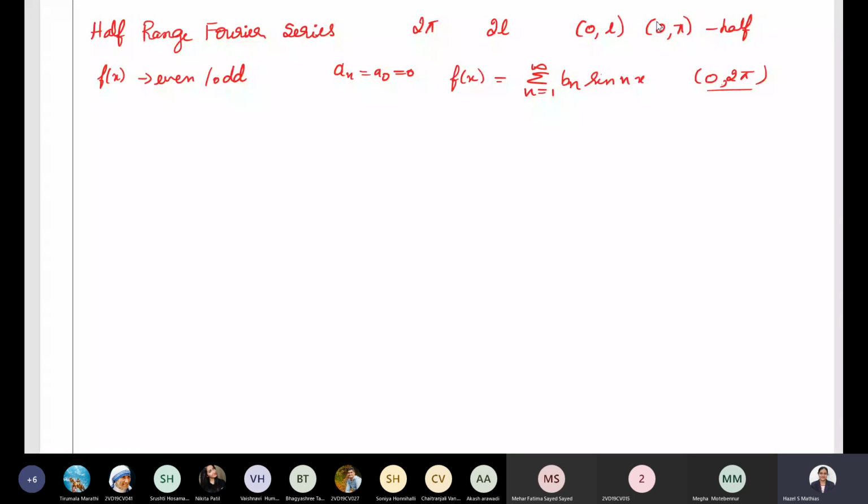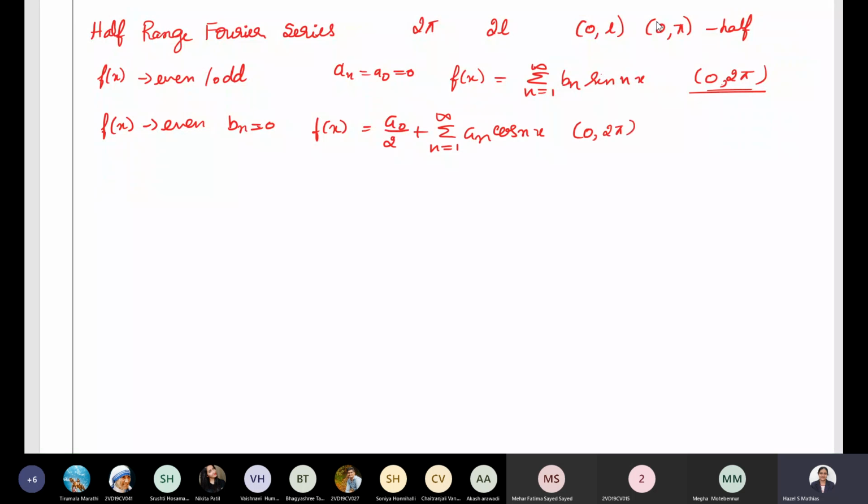Suppose the function is even; in that case bn is 0, so the Fourier series expansion is f of x equal to a naught by 2 plus summation n equal to 1 to infinity an cos nx in the interval 0, 2 pi.